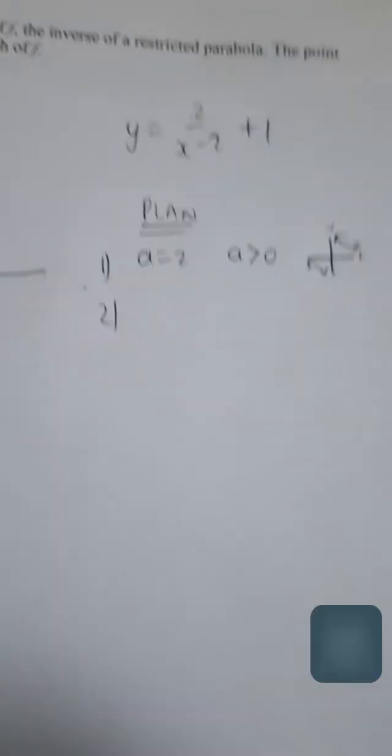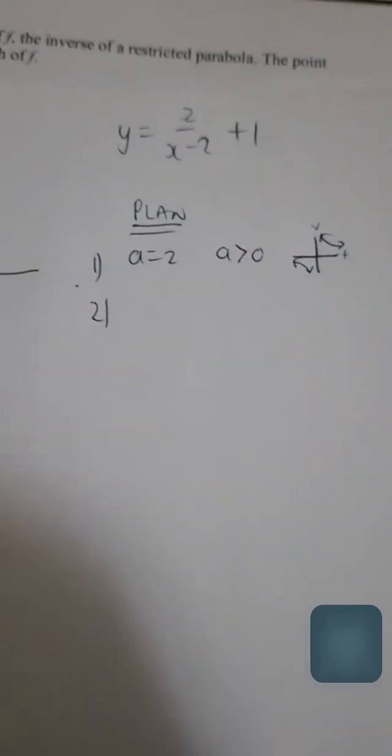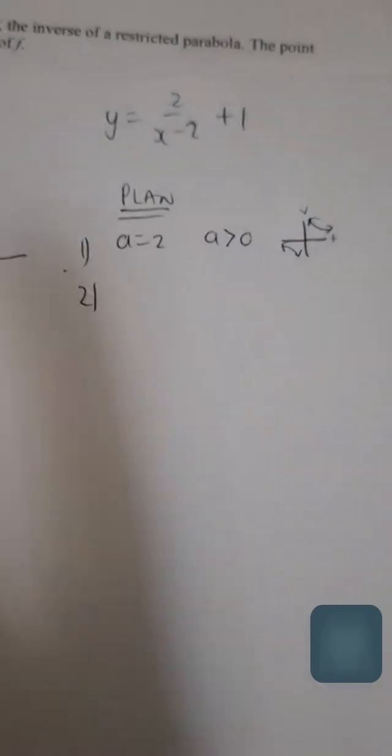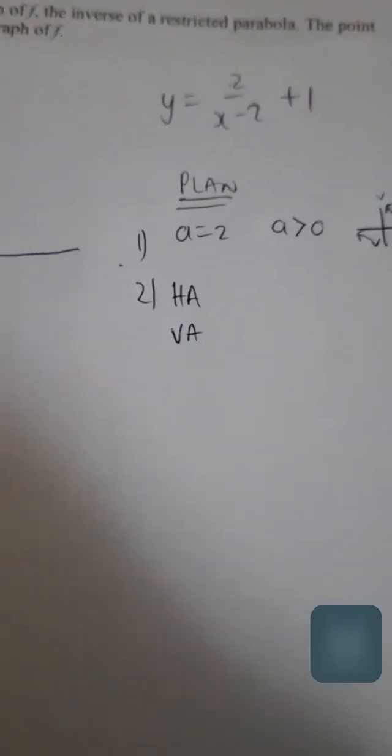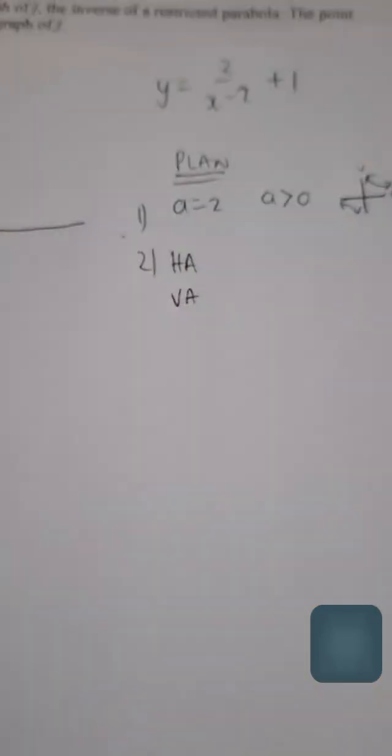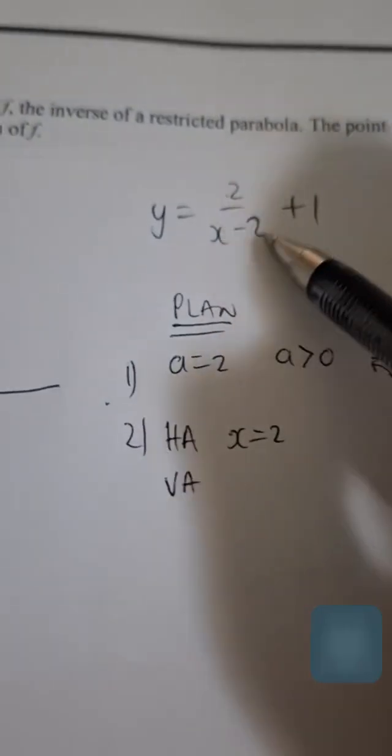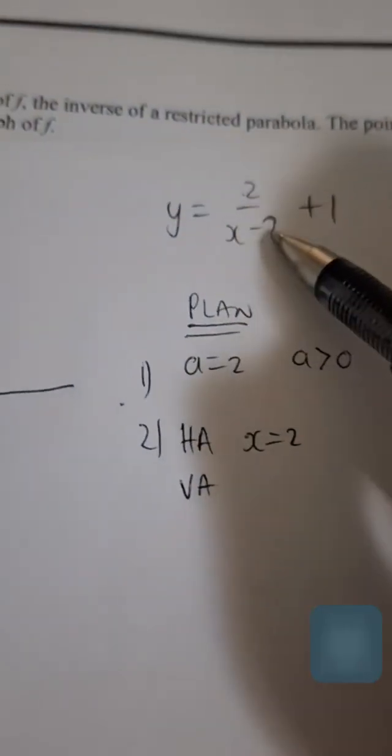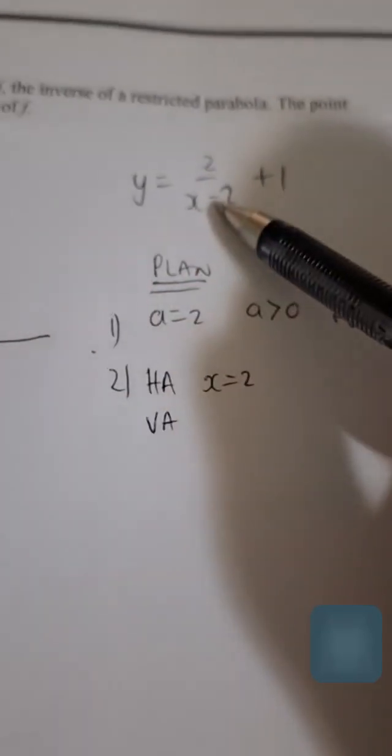The second thing that we need to take note of, after we know the position and the shape, is to make sure that we know what the horizontal and the vertical asymptotes are. What are the equations of those two? Now we've already found those. Remember, what did we say is the vertical asymptote? We said it's x is equal to 2. The inverse of the constant term in the denominator is always the equation of the vertical asymptote.